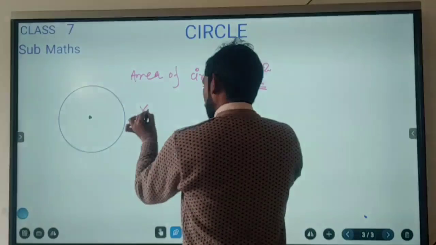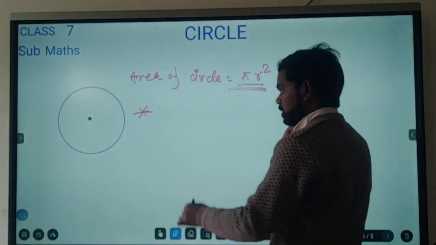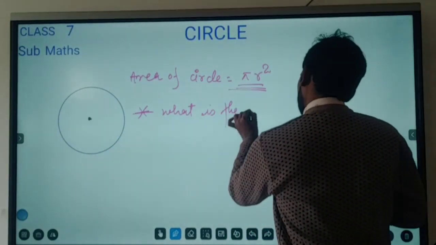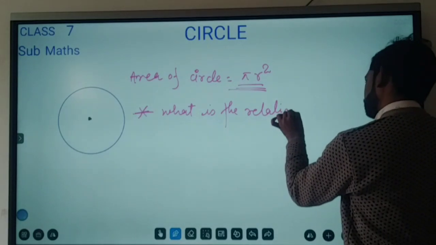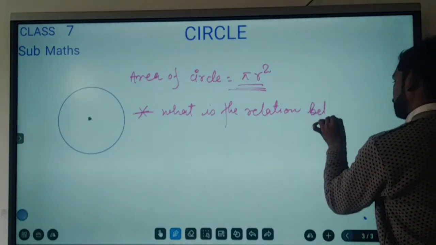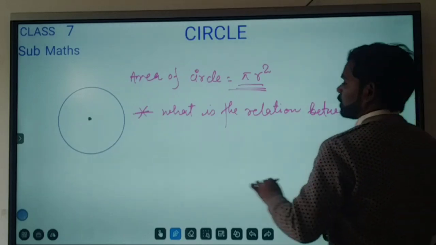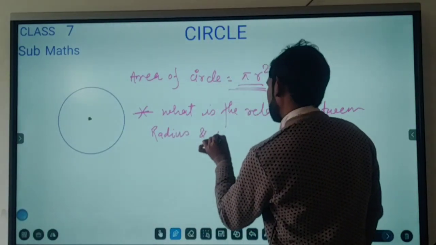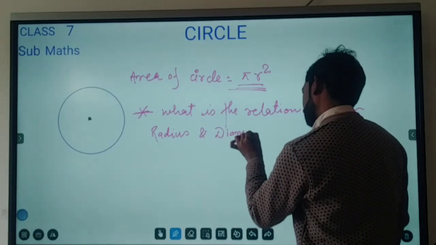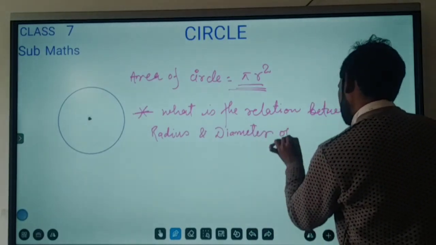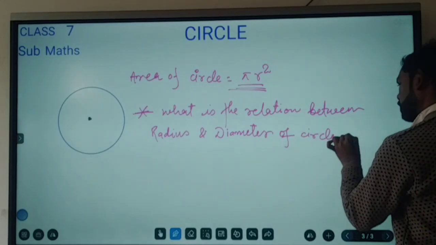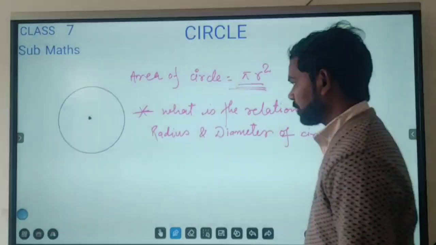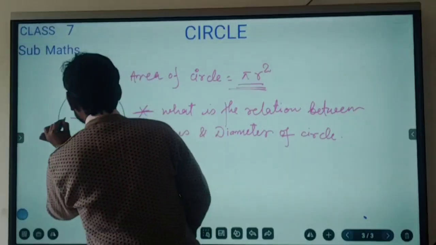Now the next point, which is very important, is: what is the relation between radius and diameter of a circle? If you don't know what the diameter is, let's see.